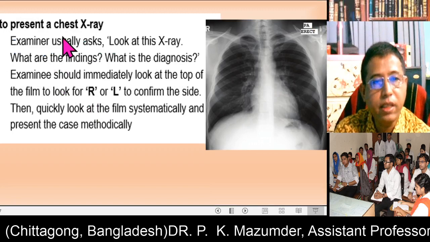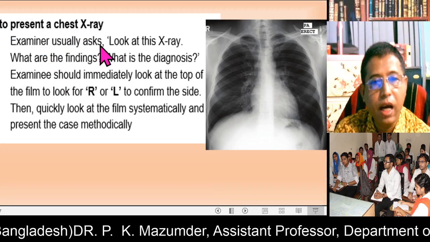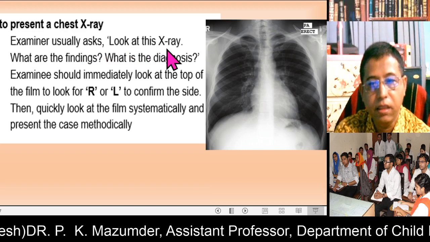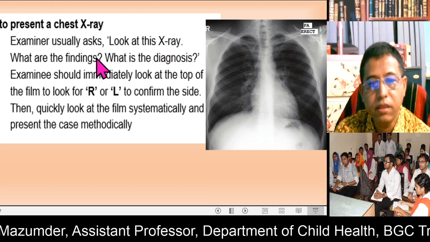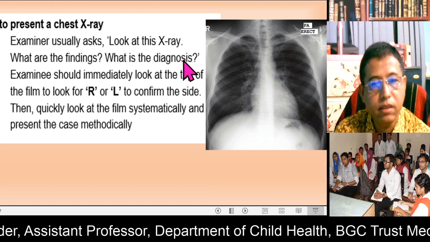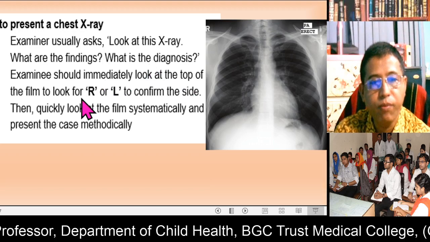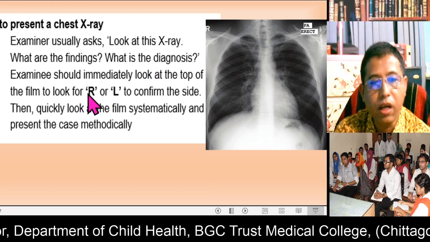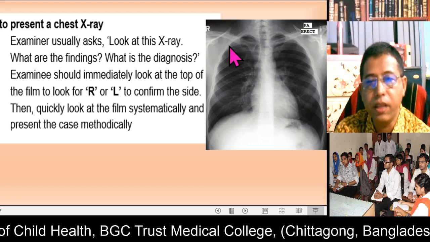Now how to present this chest X-ray? The examiner usually asks, look at the X-ray, what are the findings, what is your diagnosis? You should immediately look at the top of the plate for the right or left marker to confirm the side.